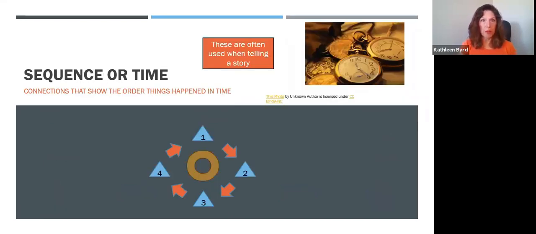Now, sometimes we need to show a sequence. We need to show time. Often this happens when we're trying to tell a story. And I would ask you to please have one story in every single speech. But anyway, these are when we want connections that show the order things happened in time.